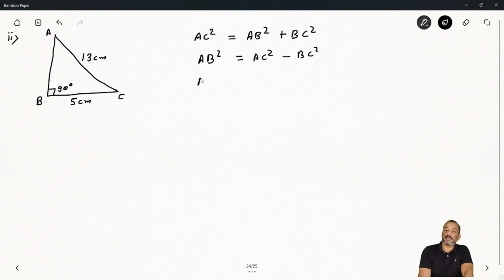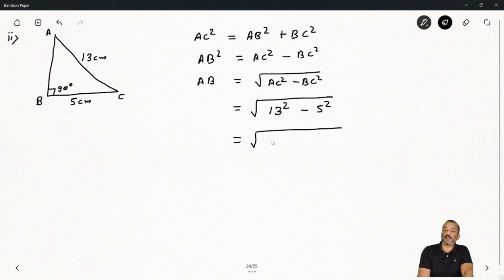So AB is equal to the square root of AC square minus BC square. You will get 13 square and 5 square. 13 square is 169 and 5 square is 25. Subtracting, we get 144, and the square root of 144 is 12.